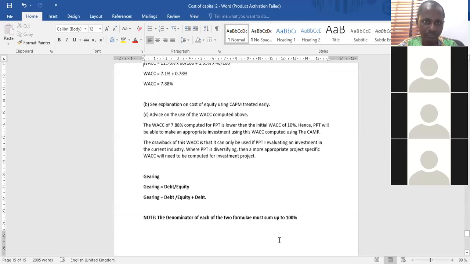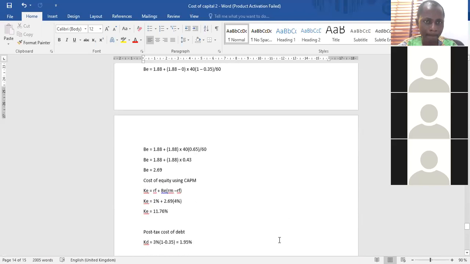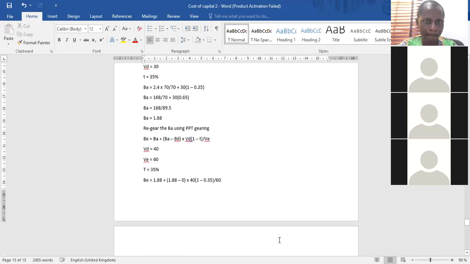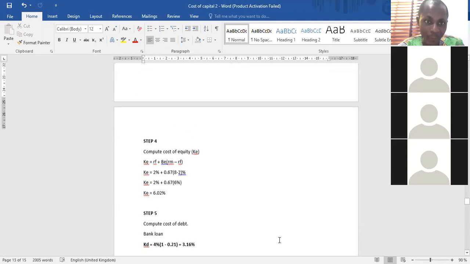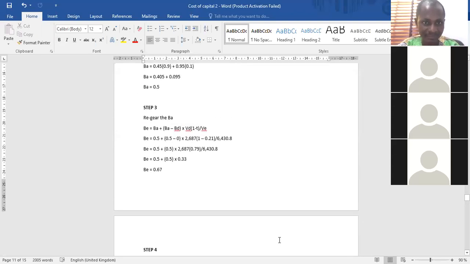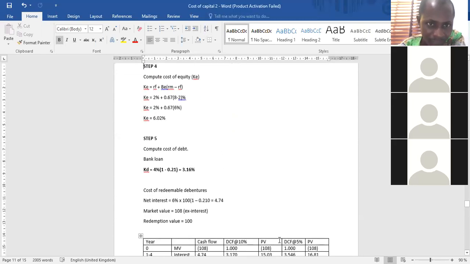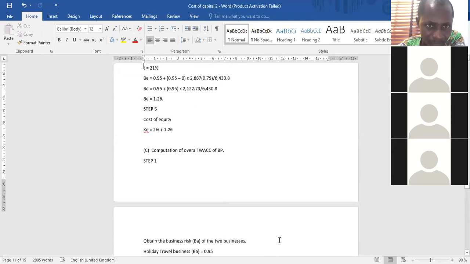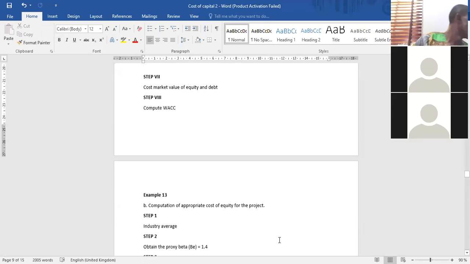There are two example 13s there. The one we solved was Baku, example 13. Then there's another example 13. I think the second one was supposed to be example 14. I think there's a typographical error in the material.